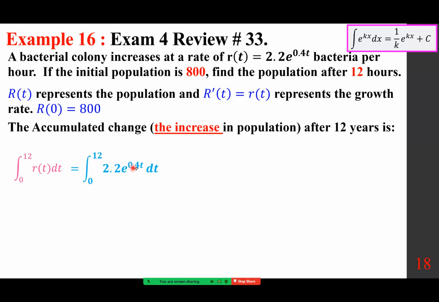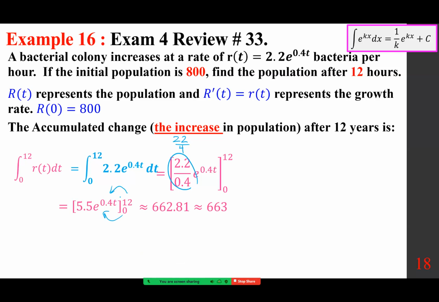So all you have to do, divide by 0.4 and write the same thing. This is 22 divided by 4, or 5.5. Now we're going to plug in 12, we plug in 0, we do the math, and this is the answer.